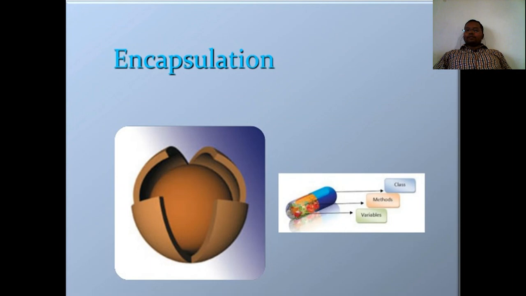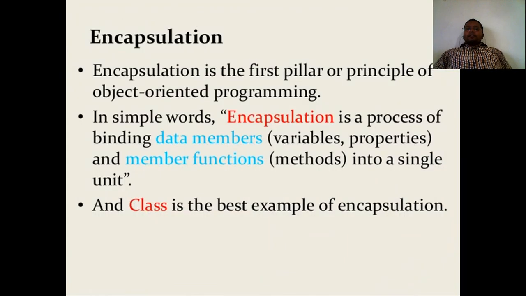What is encapsulation? See this diagram. This is a capsule, and in a capsule many ingredients are present, but we do not know what exactly is present in the capsule. So see this: variables, methods, class. Let's see in detail. Encapsulation is the first pillar or principle of object-oriented programming.